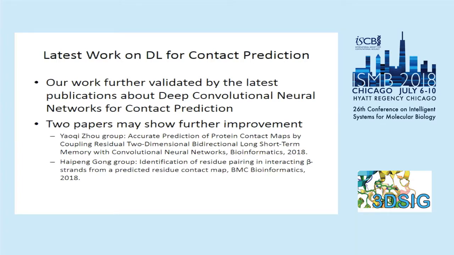Although there are many new publications, I only noticed two papers which may show some further improvement. One is from Yaoqi Zhou's group, and he did a very comprehensive benchmark for all the recent methods. The other group is Haipeng Guang from Tsinghua University. He used a very interesting method to further improve our prediction results. So this is a new development.